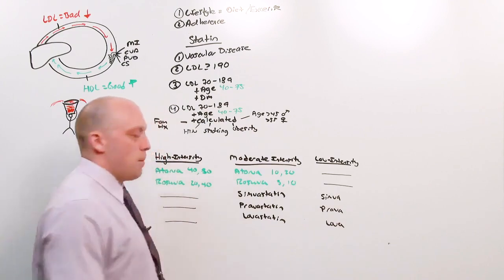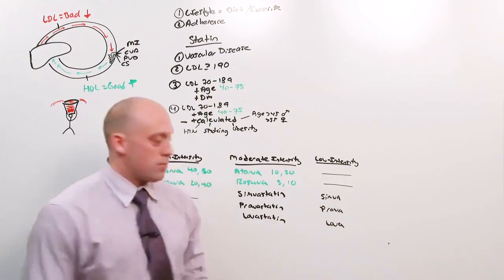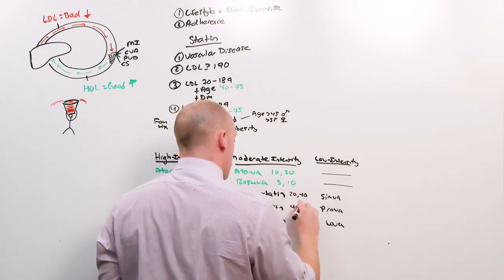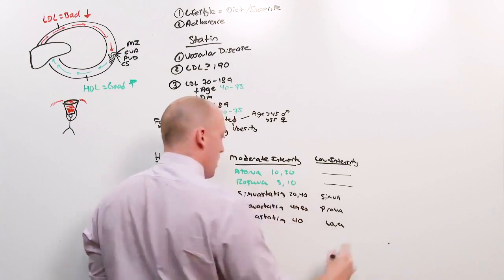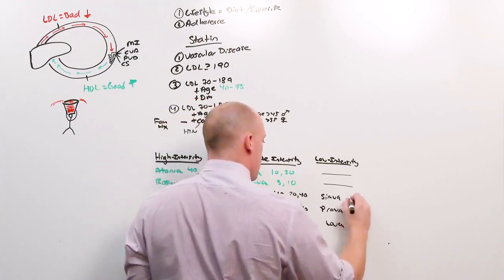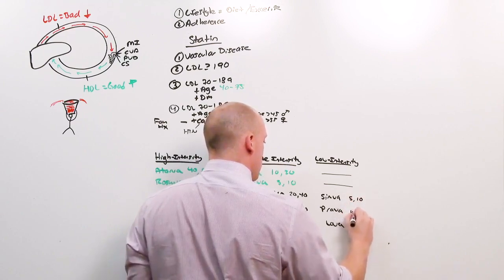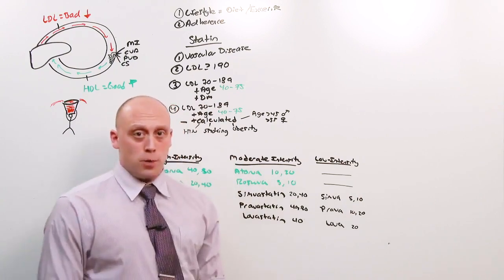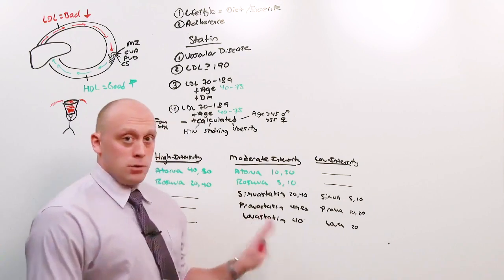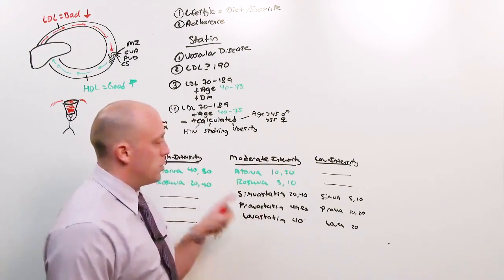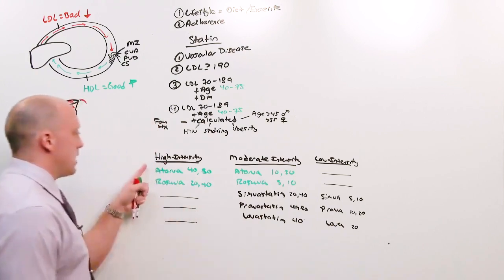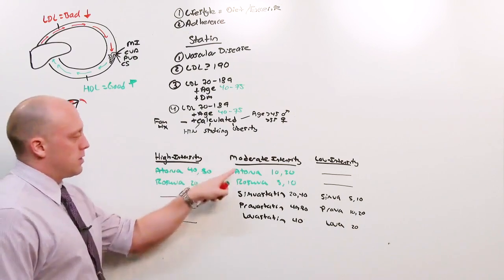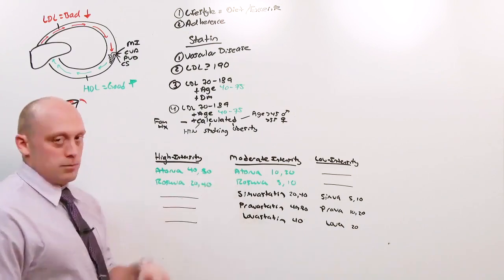Recognize their names, but don't memorize them. Okay, I didn't say those dosages out loud on purpose. They're there, you can look at them, but I don't want you to memorize. I want you to memorize high intensity statin is atorvastatin, rosuvastatin at 40, 80, 20, 40. Moderate intensity, atorva, rosuva, 10, 25, 10.